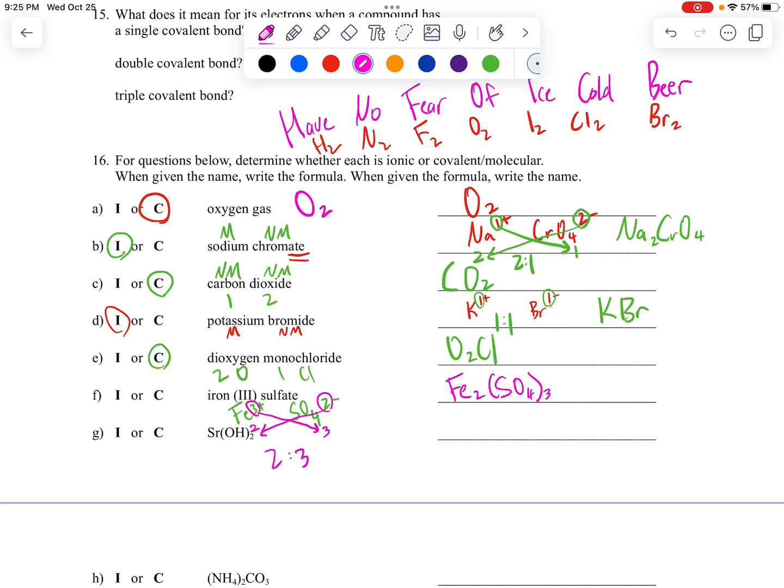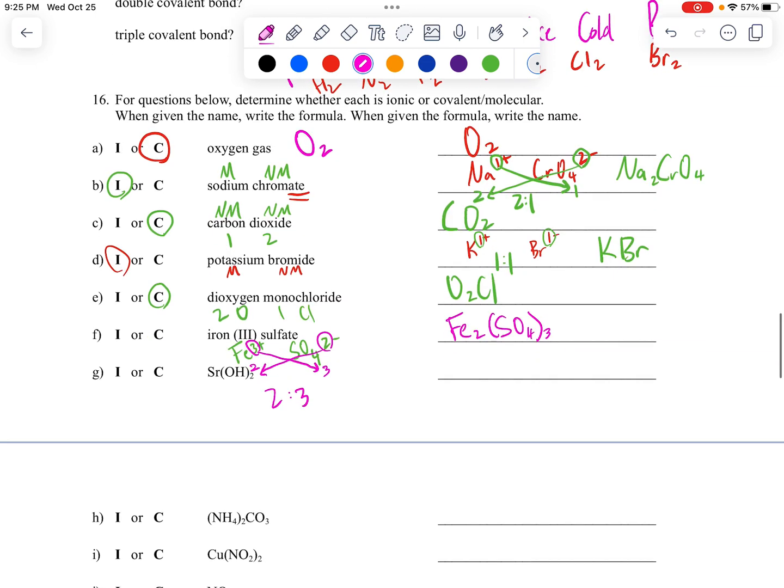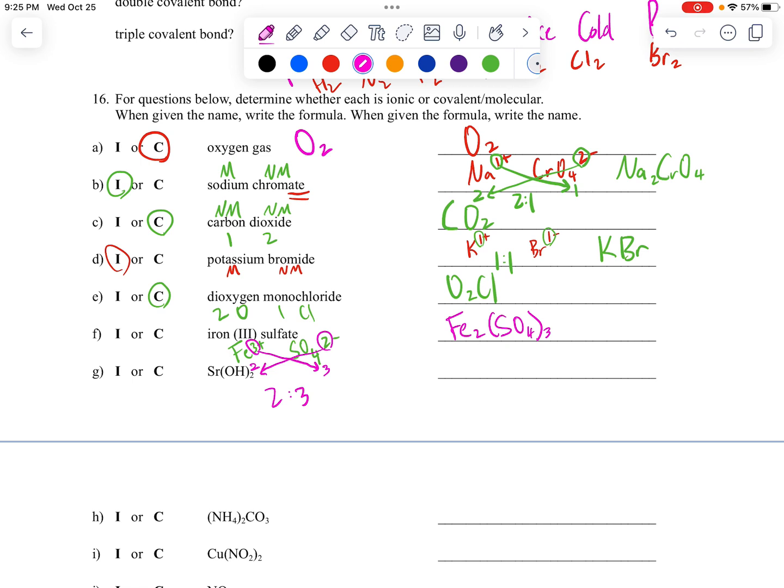If it's a polyatomic ion, you need to separate it by using these parentheses. That's it for that one. Now, iron is a metal, sulfate is a non-metal. Or you could see iron is a plus cation, and sulfate has a negative charge, so it's an anion. So a cation and an anion is an ionic compound.